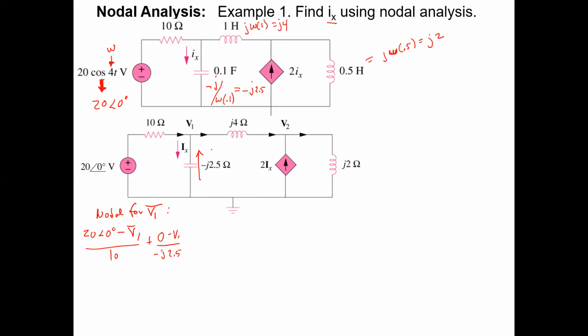That's this current. Plus phasor V2 minus V1 over j4 has to add up to 0.